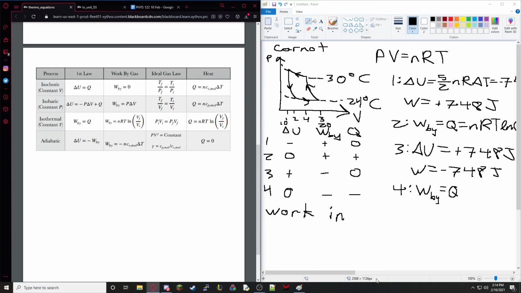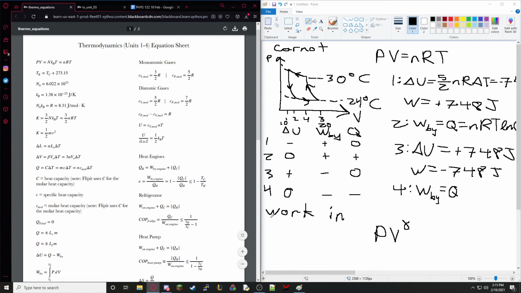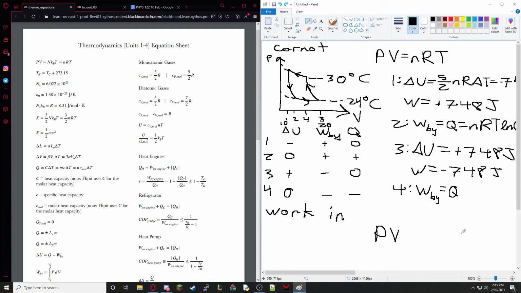So if we have P times V to the gamma, does anyone know what gamma is in this case? It's Cp over Cv. What would that be for a diatomic gas? Would it be 5/3? That would be for a monatomic gas. Sorry. 7/5. Yeah, exactly. 7/5.